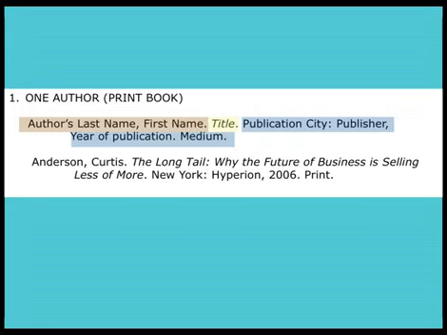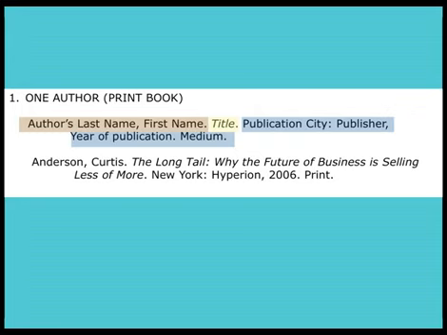Okay, so let's look at a book by one author. Here's the example from the text. So you begin, almost always, and this is one of the things you will probably start to notice, if there is an author, you start with the author's last name, then a comma, first name, period. Then you give the title of the book, and because a print book is a major work, the title will be italicized, and then there'll be a period.